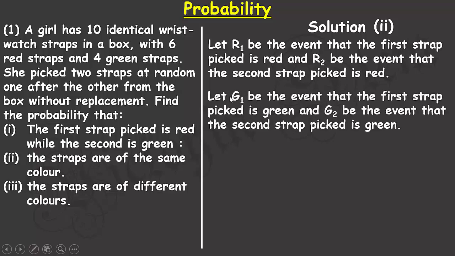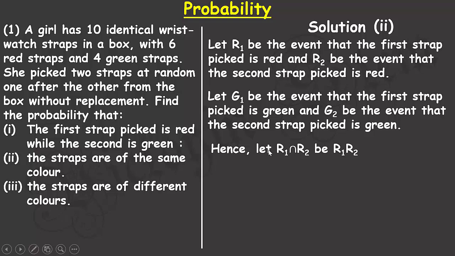Or it could be a case of the first strap being green. That is, G1 is the event that the first strap picked is green, and G2 is the event that the second strap picked is green. Okay, so these are the two likelihoods. Now let R1 intersection R2 be R1 R2.